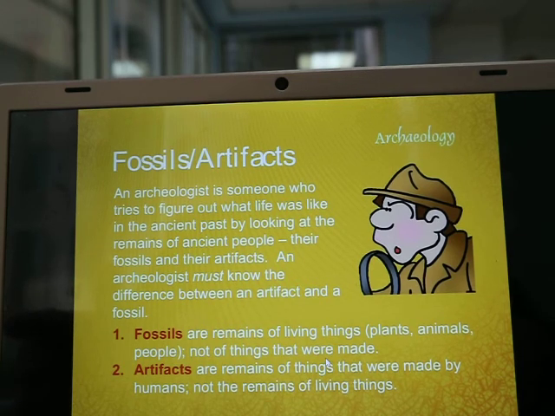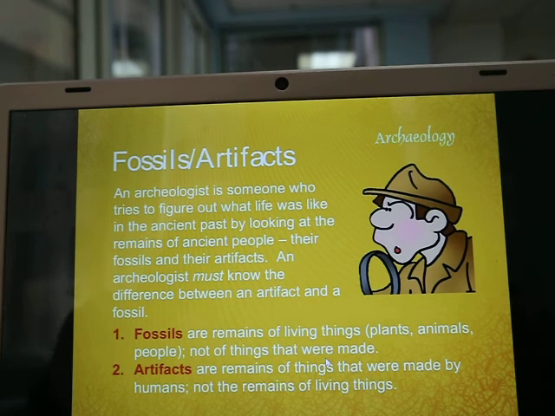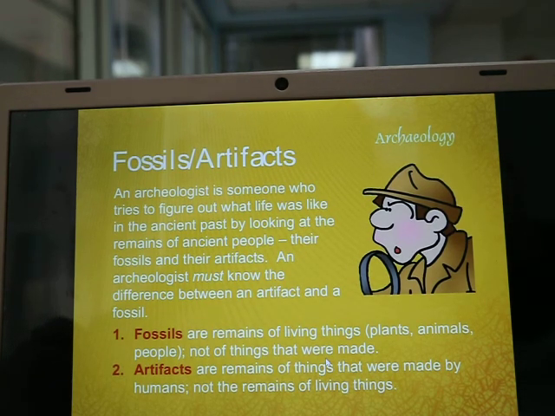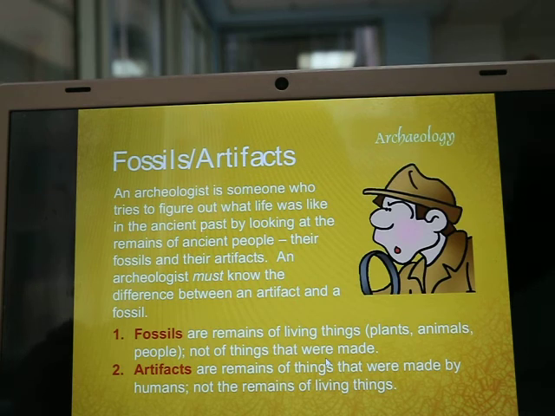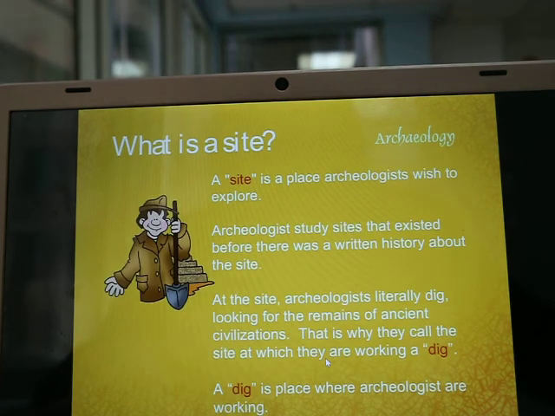So again, fossils are remains of living things, not of the things that were made. So artifacts are the remains of the things that were made by humans, not the remains of the living things. So fossils, remains of living things, and artifacts, remains of the things that the living things made, or the human made.